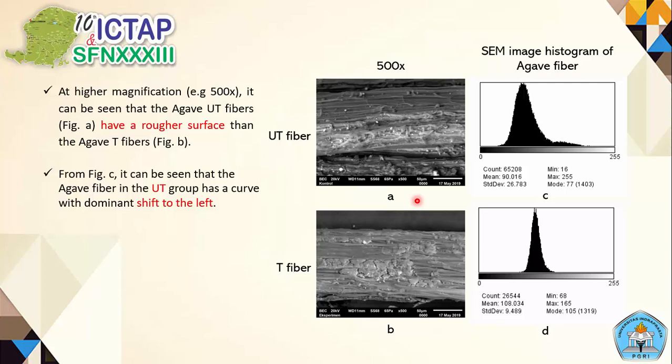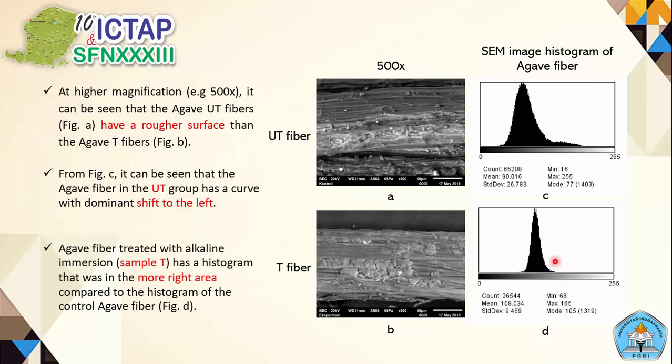The intensity percentage of the untreated fiber cavity was 29.754%. And we can see in figure D that the agave fiber treated with alkaline immersion has a histogram that is in the more right area compared to the histogram of the control agave fiber. From figure D, it can be seen that the histogram was sharp with an average pixel value of 108.034 and a standard deviation of 9.489 pixels. The low standard deviation of the treated agave fiber also indicated that the surface of the agave fiber was more homogeneous.